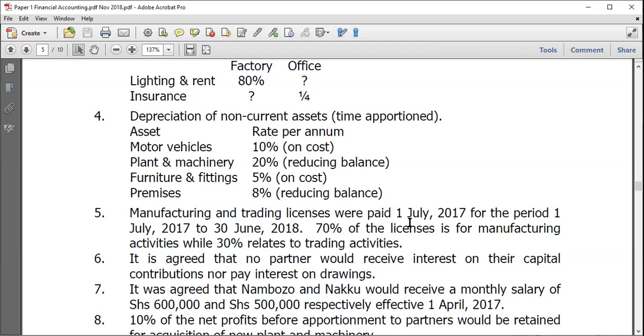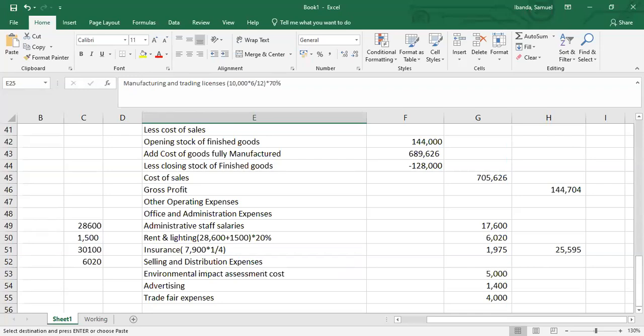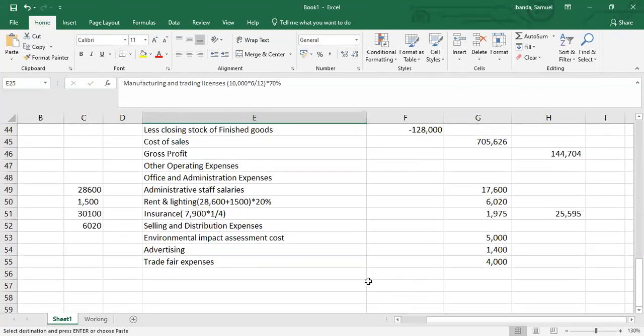Told me 70% is for manufacturing, well, 30% relates for trading activities. Okay. So 30% is what I'm going to charge to selling and distribution. So I'll come here and just copy what I had up here and bring it down here.